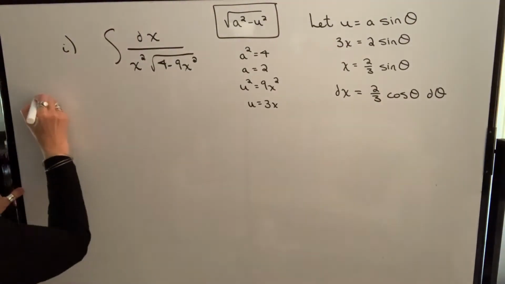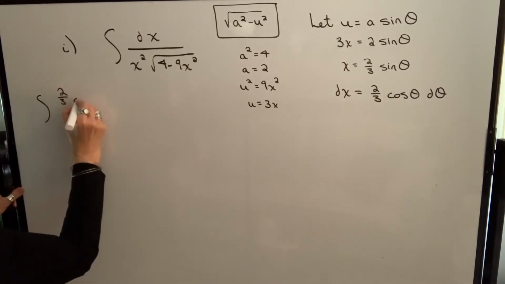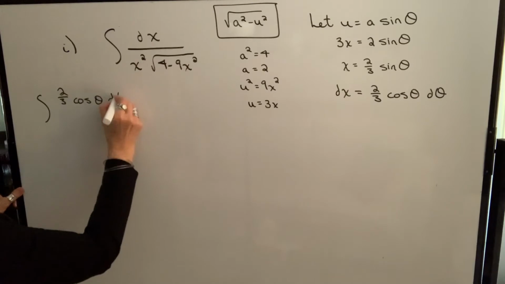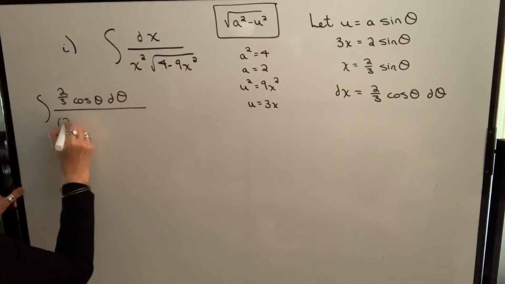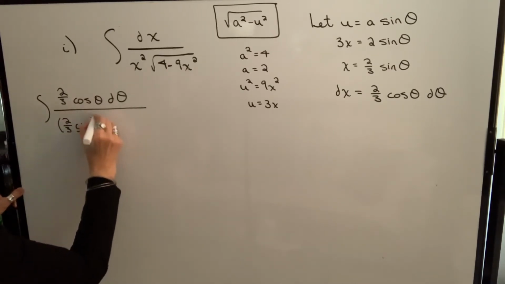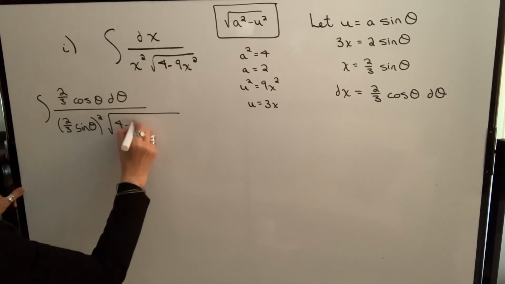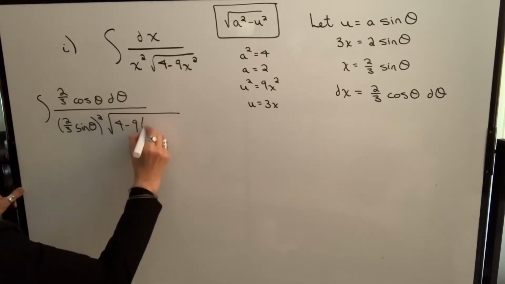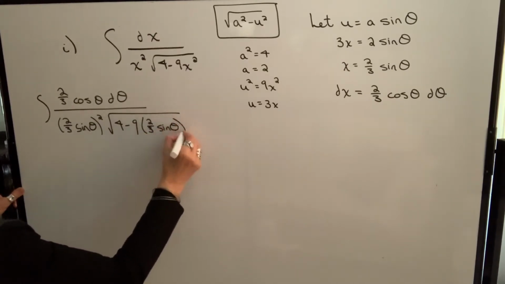So my integral will be dx, which is 2/3 cos theta d theta, divided by x squared. x is 2/3 sine theta. And then I'll have 4 minus 9 times 2/3 sine theta squared.